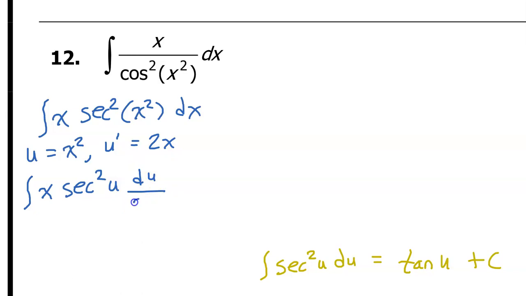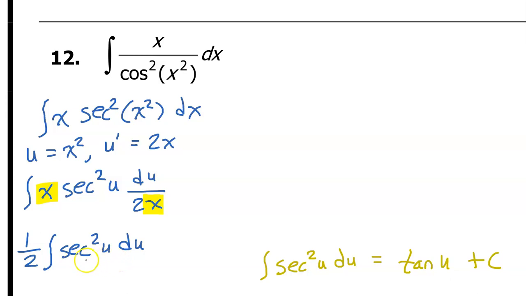In other words, du over 2x. We notice that we have this x in the denominator and the numerator, so these cancel each other out. Yay! This 2 in the denominator will end up as a 1/2 out in the front. So now I have 1/2 times the integral of secant squared u du.